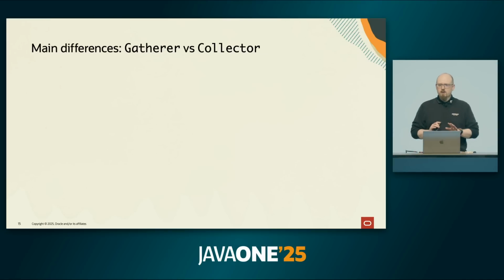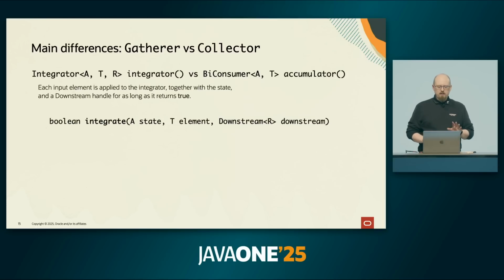So let's just look at the main differences here. Instead of BiConsumer, we have integrator. And the integrator has an integrate method, and this is a single abstract method interface. So we're going to call some integrate function with the current state, the next element, and a handle to the downstream, so that for each element, we can decide whether we want to push elements to the next step, the next intermediate operation.